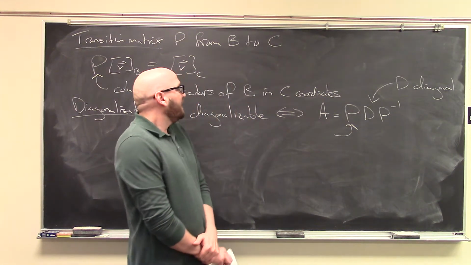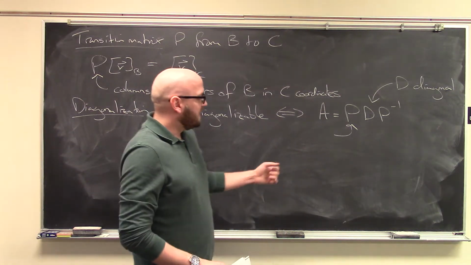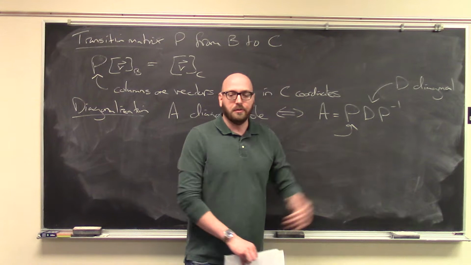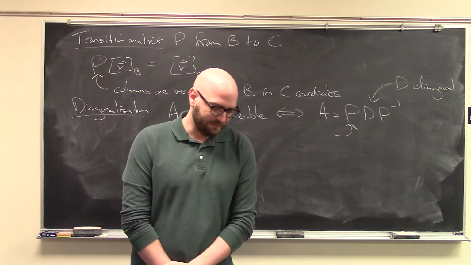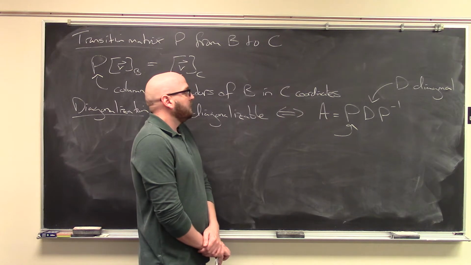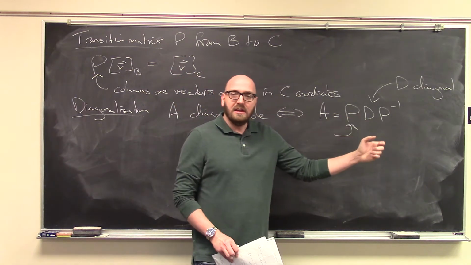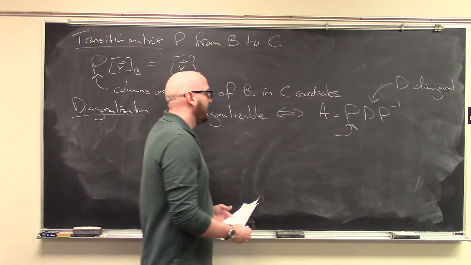But what are those fundamental eigenvectors? Now that we have new language, we can talk about what they actually are. They're basis vectors for the eigenspaces. And it turns out that if you take all of them, we take n of them to form our columns for P, they're still linearly independent.